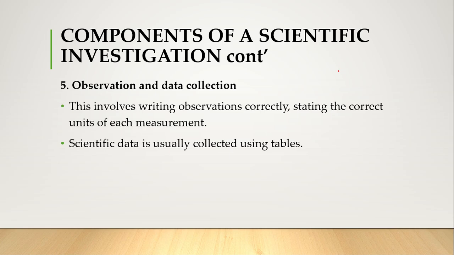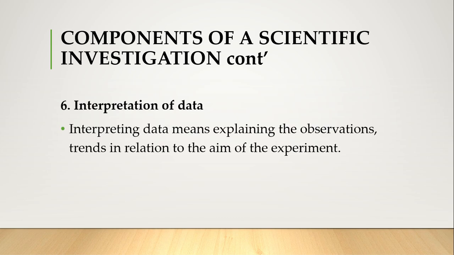So yeah, you know the replication of experiments. So you need to know the result that this one got and then what you got. Okay, so you need to present your data findings or your collected data using tables. Okay, after collecting data, you need to interpret your data.